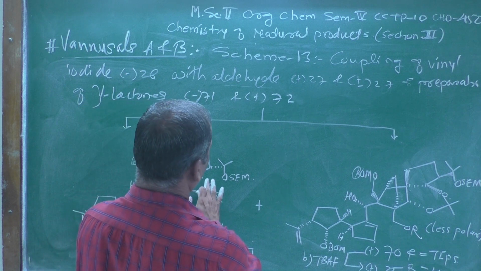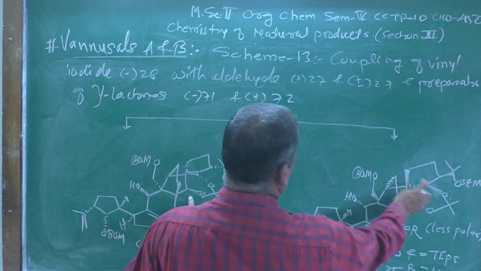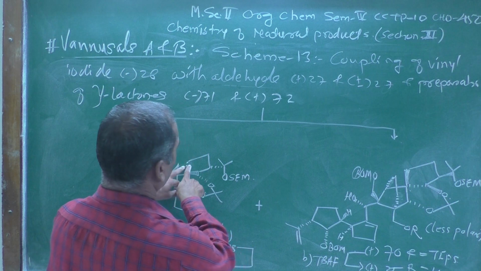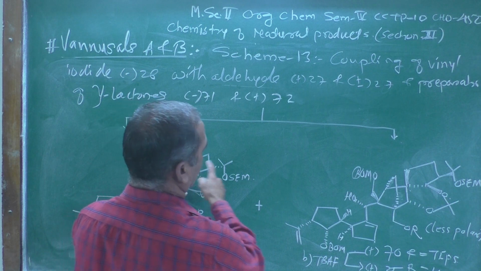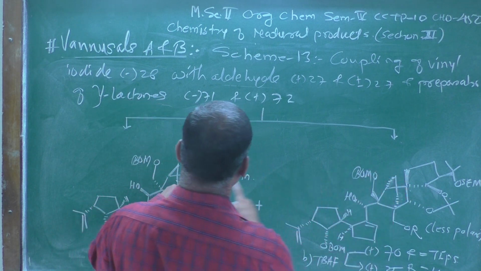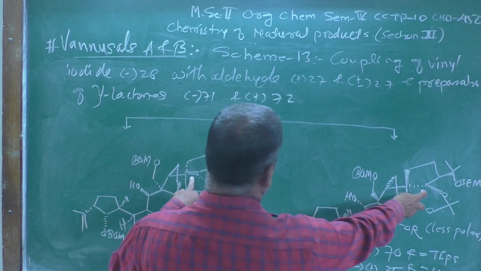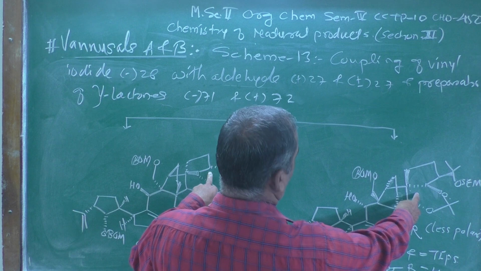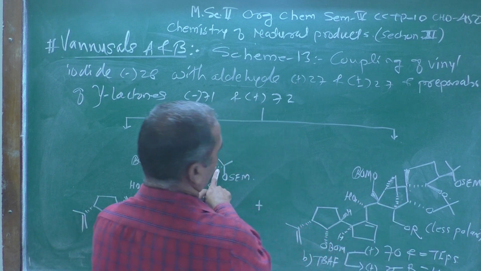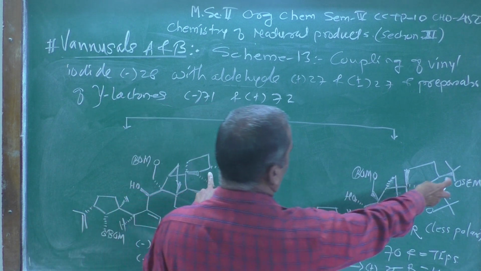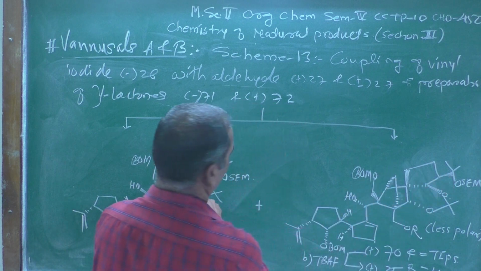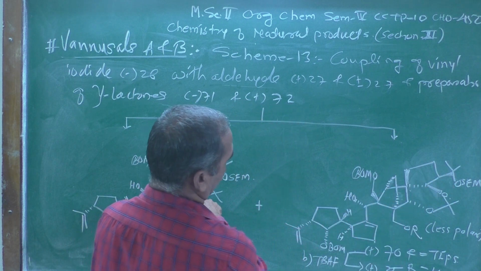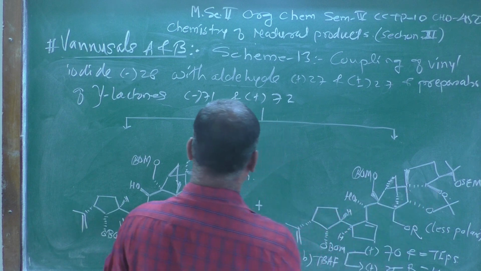Here, look at this group, it should be above the plane, it is below the plane. So now here this group, look at here, below the plane, it is above the plane, and now this one is below the plane, it will be above the plane.